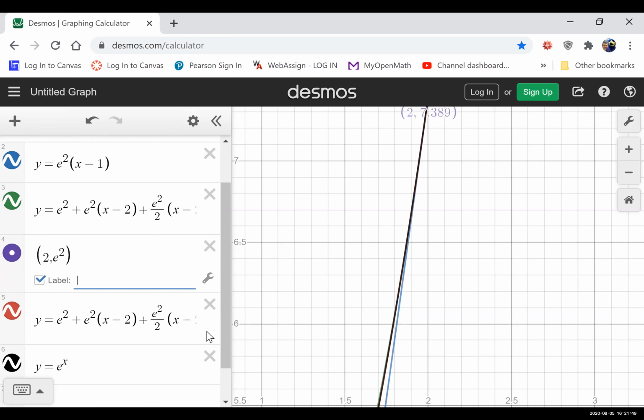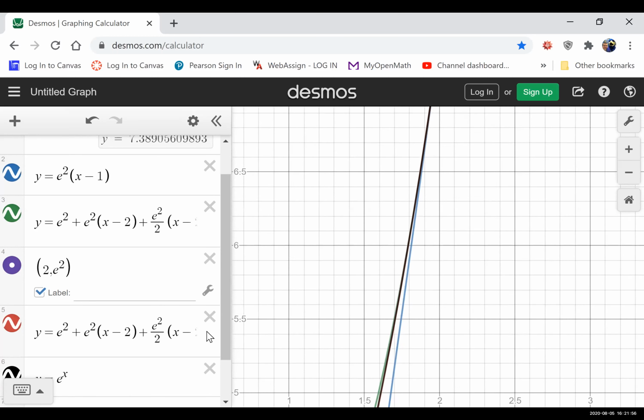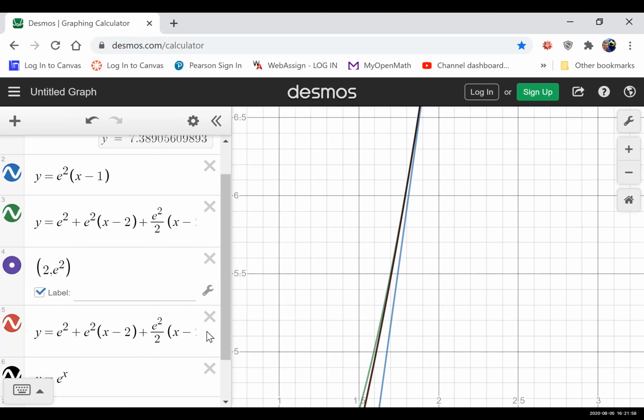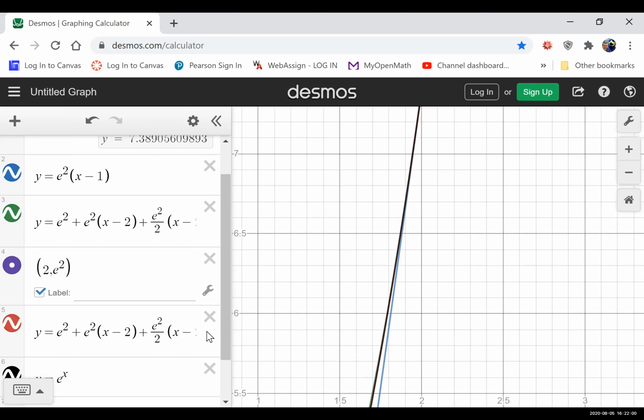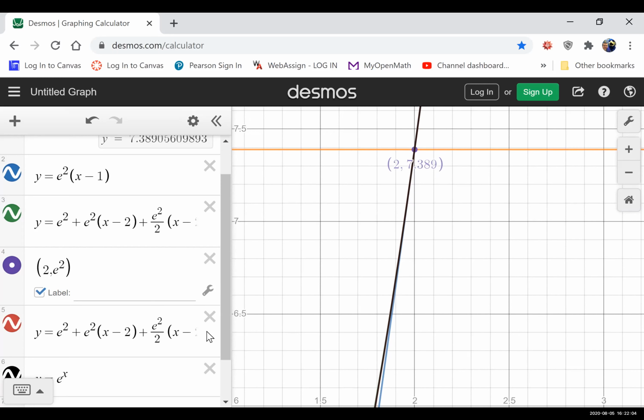So that one was blue, right? That's that blue line right there. That's the linear approximation, what I should be saying. That's the linear approximation, the blue one here, which you can see is off the mark. There's error. The first one that starts creating error is the linear one.